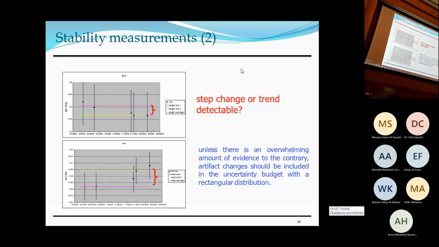And in fact, if I do not have any other information with regard to the change, I use the one compatible with the least amount of information, which is a rectangular distribution with a step change.